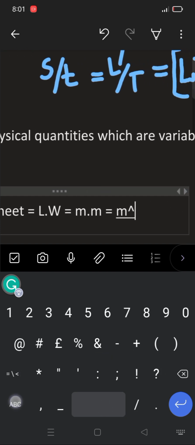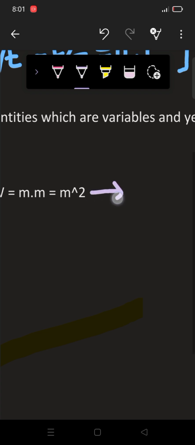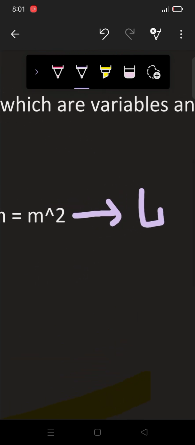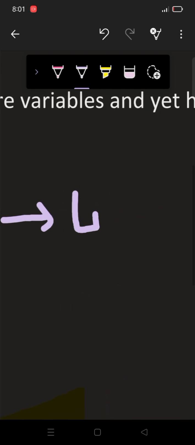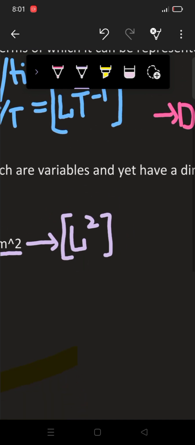Now we need to write the dimensional formula of the area of sheet. We know that the length would be represented by capital L. Wait, let me use the marker now. Capital L, and there is a square on the meter, which means it will have a square as well, and we need to close this. It basically represents the dimensions. So this is the dimensional formula of area of sheet.